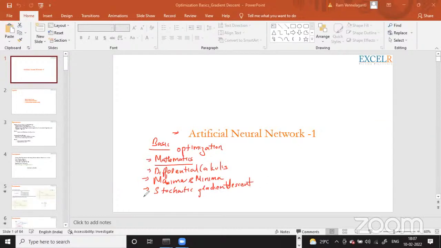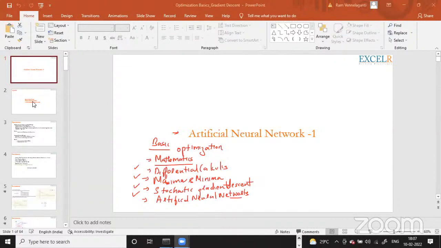And then we'll be talking about our artificial neural networks. So this is what we are going to see. So all these topics we'll be covering. And then we'll try to discuss with the help of some examples along the way.